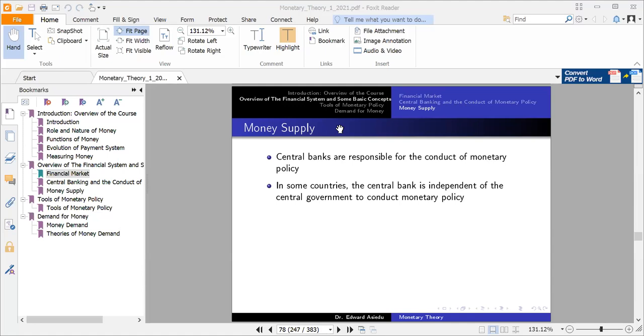Because as he said, the central government wants to do this and the central bank also wants to do this, it will bring, let's say, conflict between the two. So if they become independent from the central government, it will help them implement their policies, which will be in the favor of the citizens and the country as a whole.